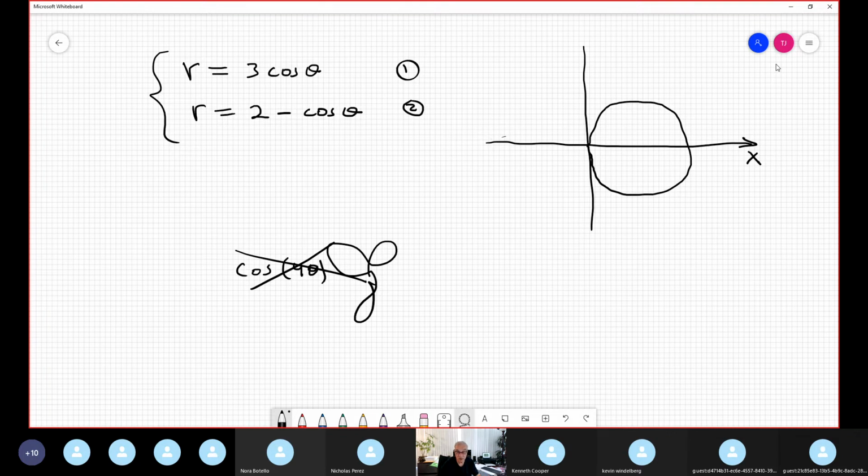So it's obvious that it's a circle. But since it's cosine, the diameter lies on the x-axis. And by the way, the diameter is 3. So this distance is 3.